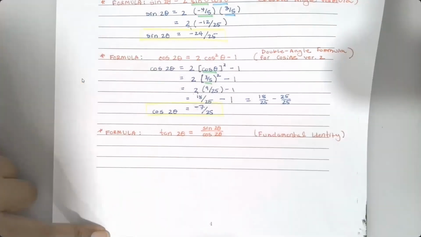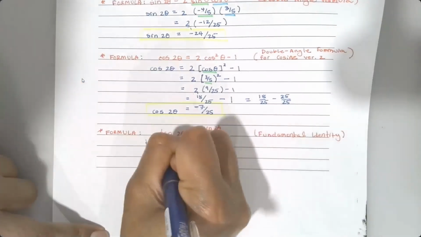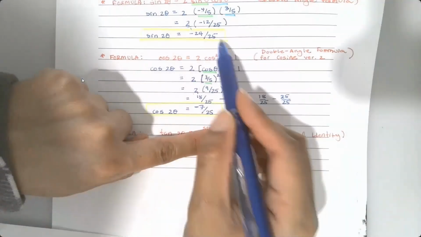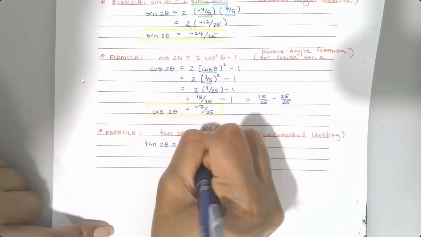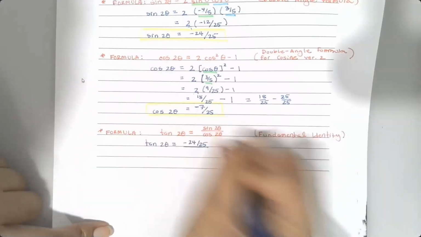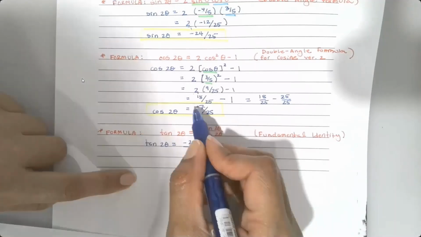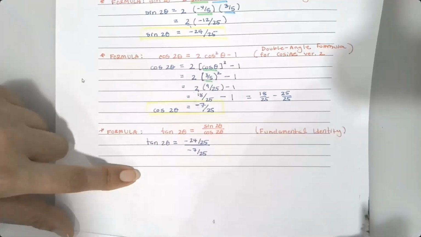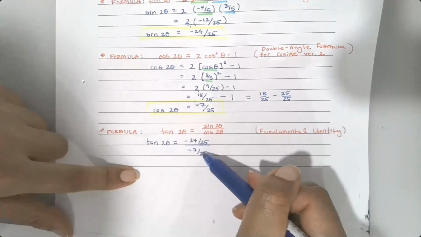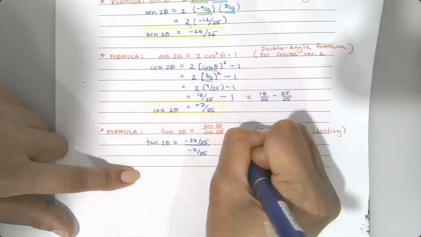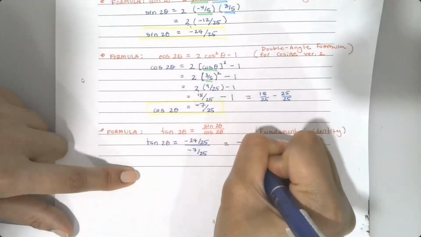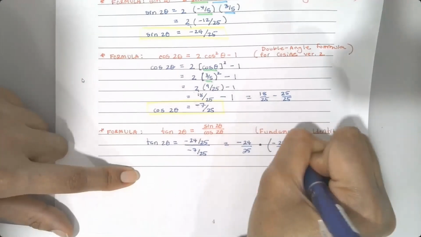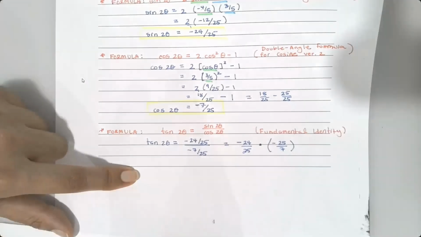Okay, so we're going to get tangent of 2 theta is equal to sine of 2 theta in the numerator, so that would be negative 24/25, divided by cosine of 2 theta in the denominator, so that's negative 7/25. And then remember that when you divide by a fraction, that's the same thing as multiplying by the reciprocal. We get negative 24 over 25 times negative 25 over 7. I'm just taking the reciprocal of the denominator.